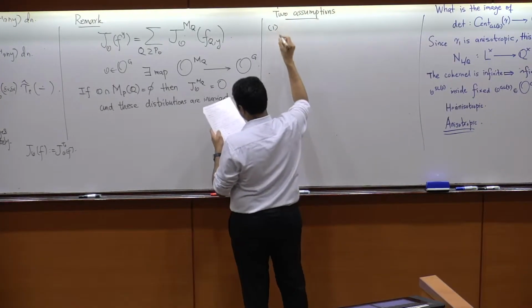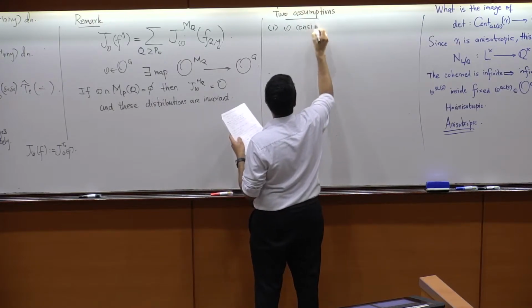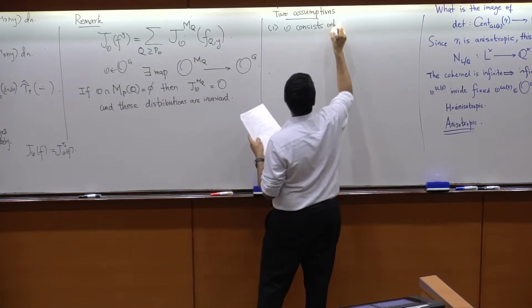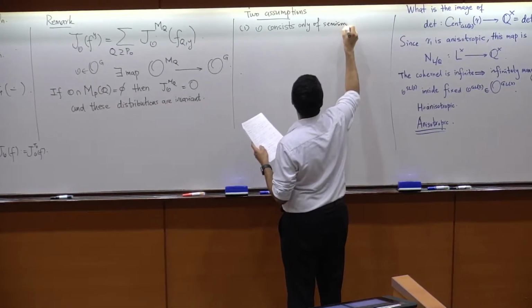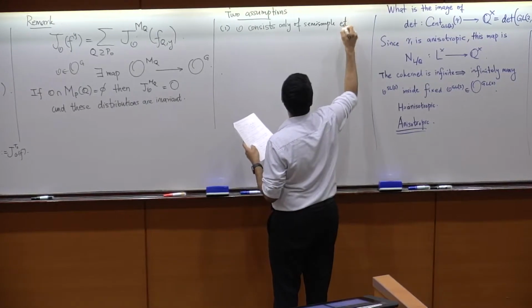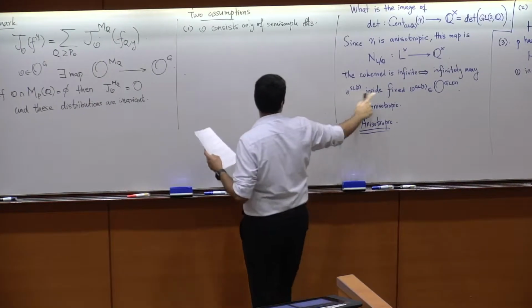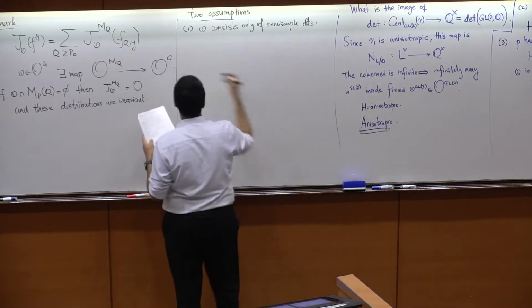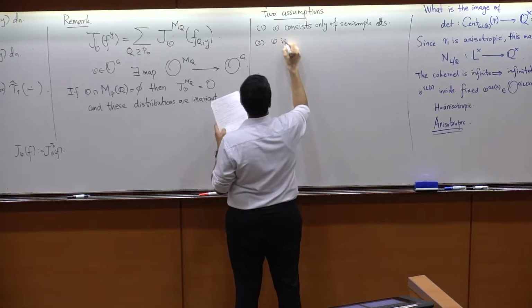The first is that O consists of only semisimple elements. That is this class, because this is the anisotropic class, satisfies this condition. And the second condition is O is unramified.